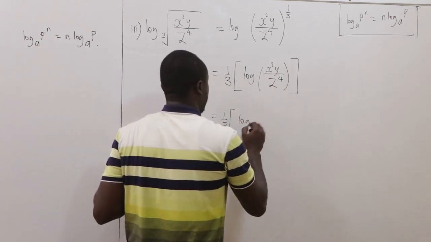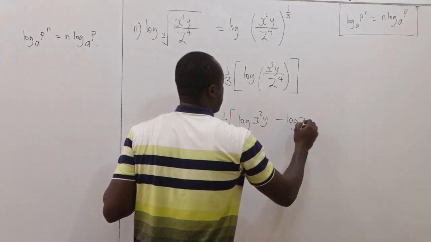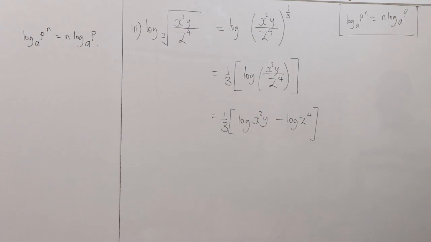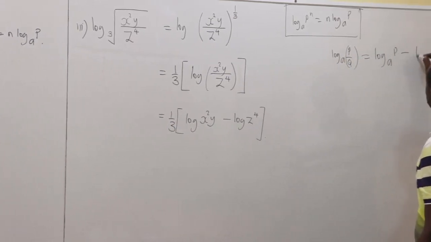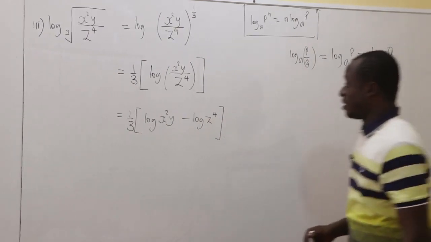So we have log x squared y minus log z to the power 4. Why are we saying this? Clearly we know that if you have log a of p over q, this is the same as log a p minus log a q. So that is what we are applying here.